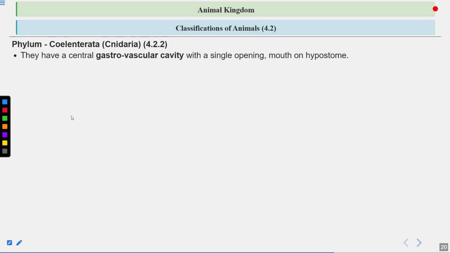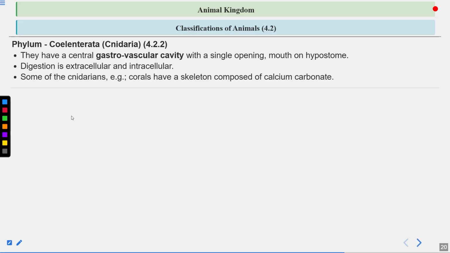They have a central gastrovascular cavity. They have a cavity inside their body, called the gastrovascular cavity, with a single opening, that is called the mouth or hypostome. Digestion is extracellular and intracellular. Some of the cnidarians, that is the corals, have a skeleton that is composed of calcium carbonate.